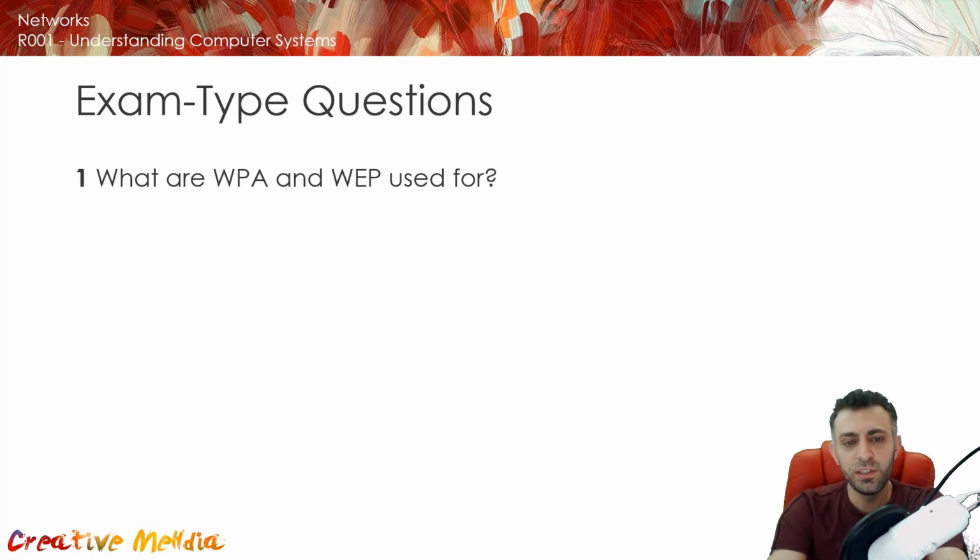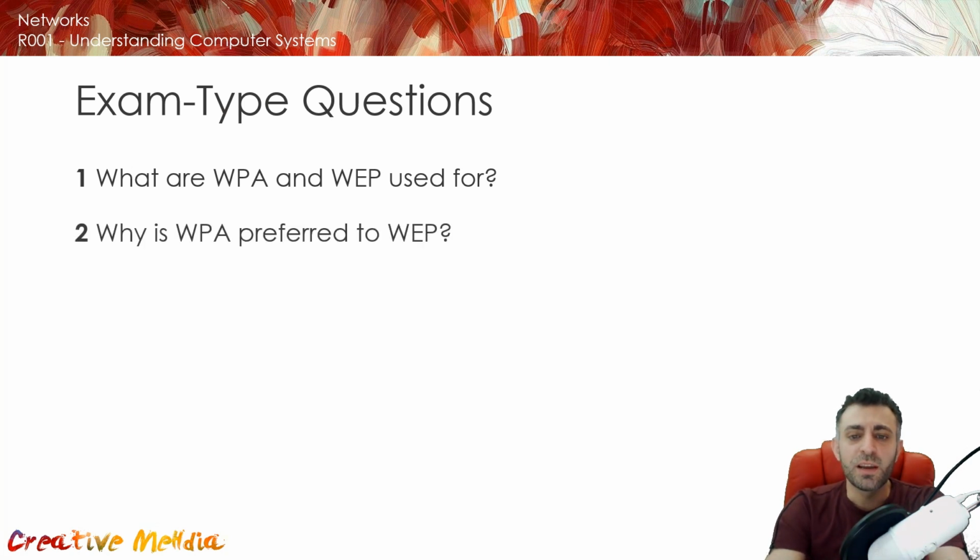So the first one would be, what are WPA and WEP used for? So you can say these are wireless standard protocols, and WPA is the more secure version of the security protocol used in setting up security for a wireless network. Why is WPA preferred to WEP?